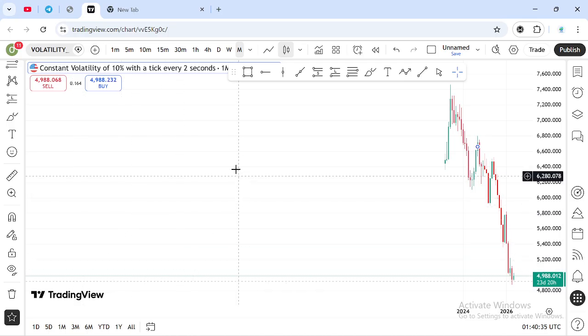Now the reason for TradingView is that it always allows us to show the monthly and the weekly time frame. So you can see I'm currently on the monthly chart. Because in trading, being able to see the higher time frame just helps a lot.